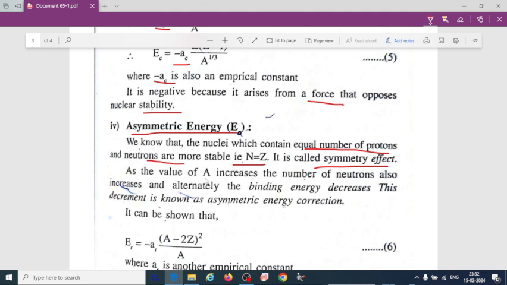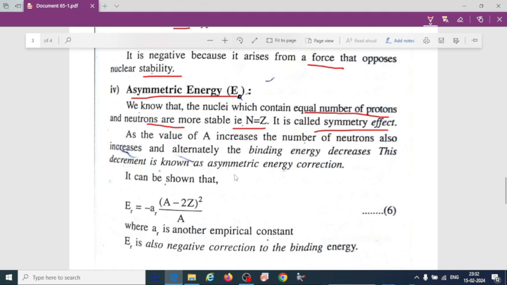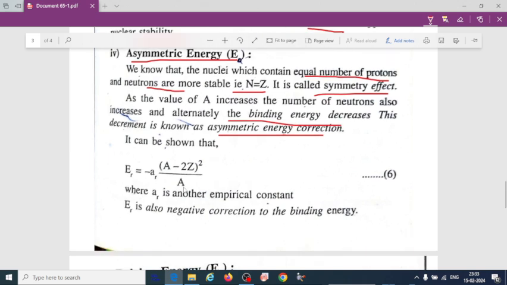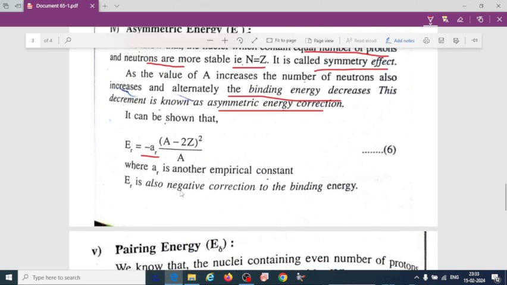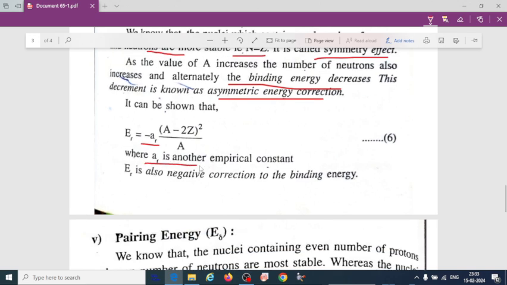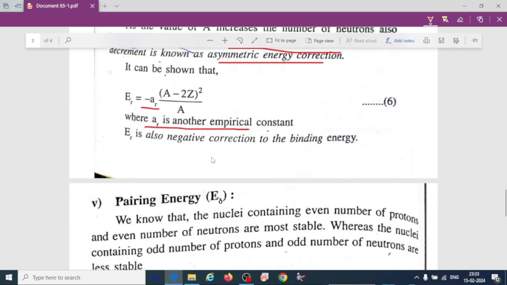If not, then the nucleus is unstable, hence the asymmetric energy correction. This also decreases the binding energy. That's why we again have a negative term, a_A times (A−2Z)² divided by A, where a_A is another empirical constant.